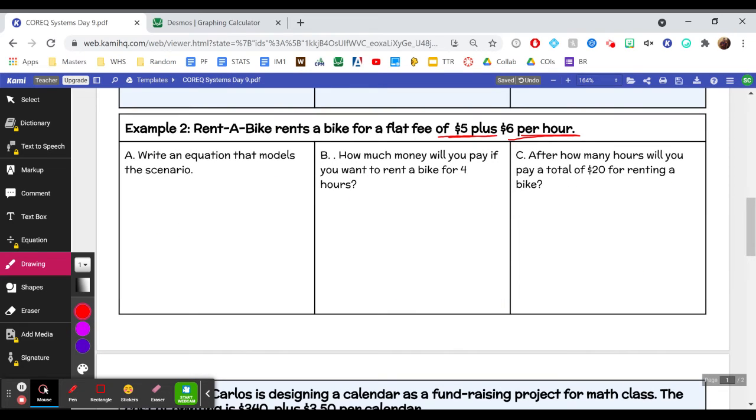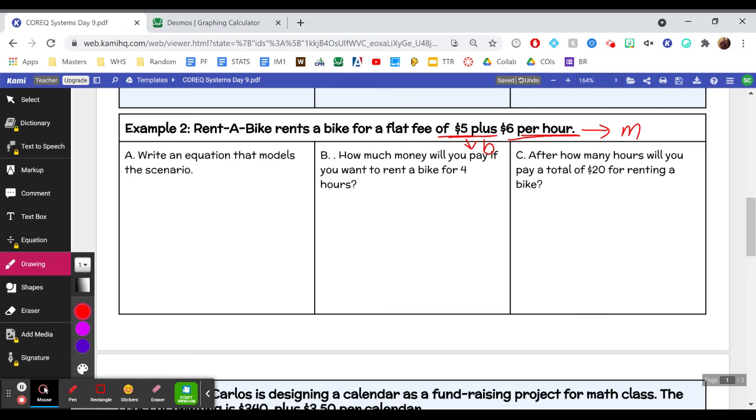Okay, $5 and $6 per hour. Okay, now since the 6 is per hour, that tells me that that's going to be my slope, and the 5 is going to be my y-intercept. But we're going to use b, so the notation goes with the formula.